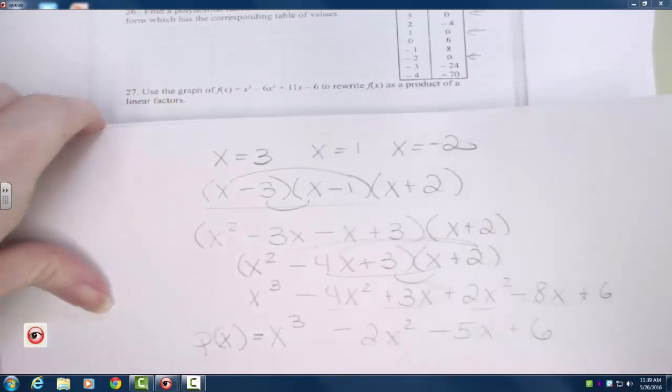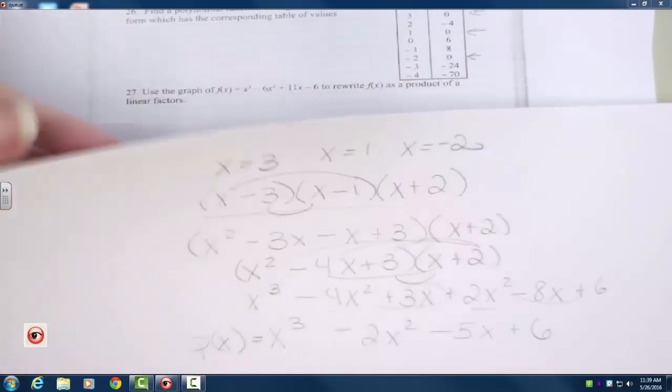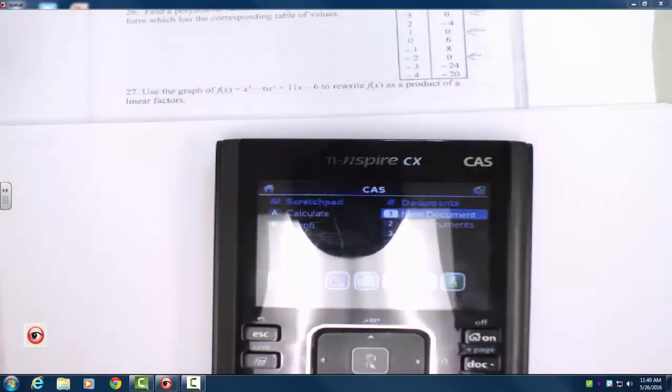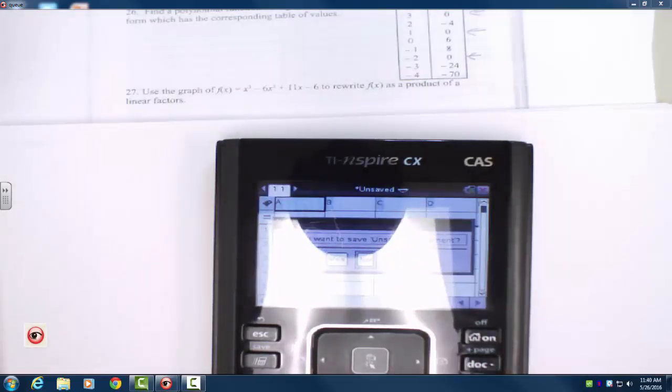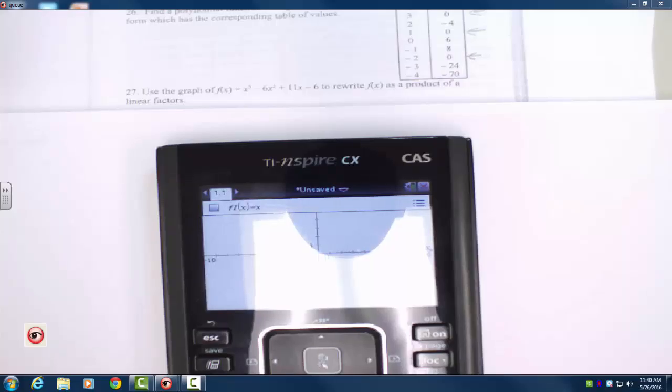Rewrite this graph as a product of linear factors. So basically kind of backwards of what we just did here. First thing, go ahead and graph it. So get a graph screen, number 2. And you're going to get x to the third minus 6x squared plus 11x minus 6.